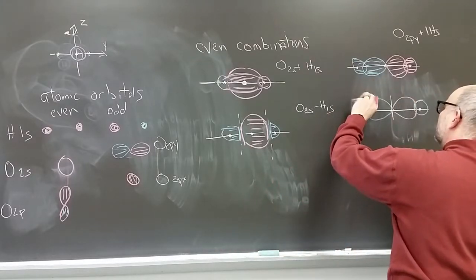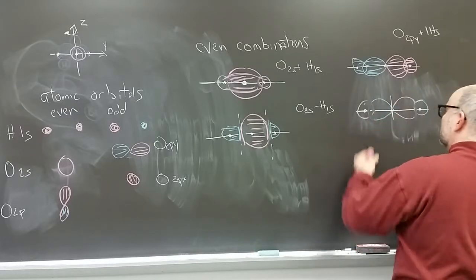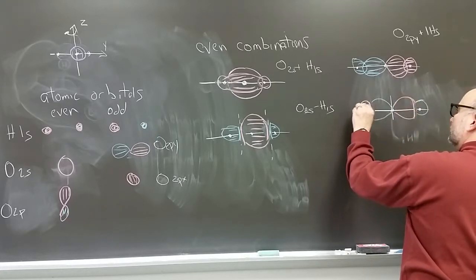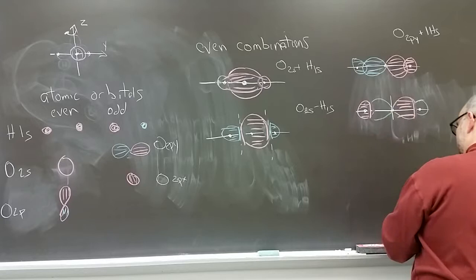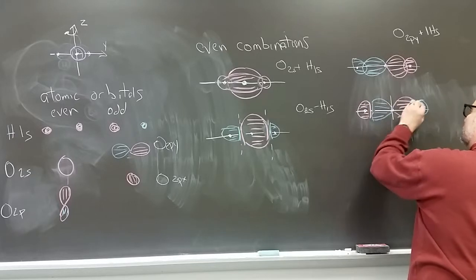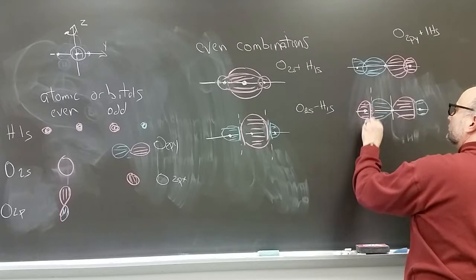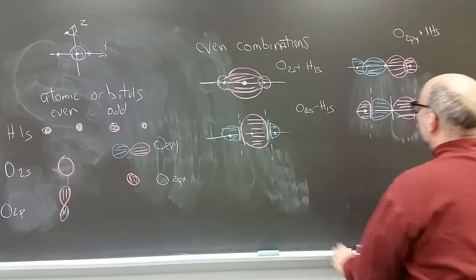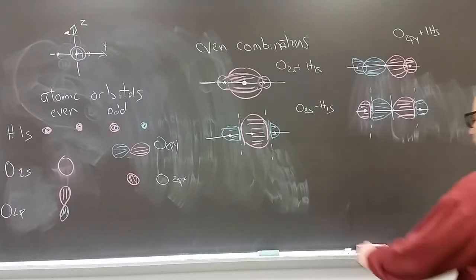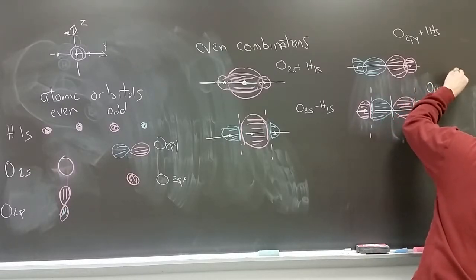So you separate them. And here we also have two nodes that are between the oxygen-hydrogen bonds. So this is the anti-bonding combination, but this is still the oxygen 2py plus hydrogen 1s.